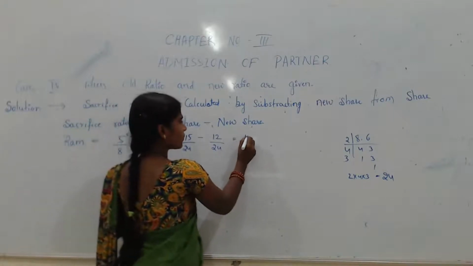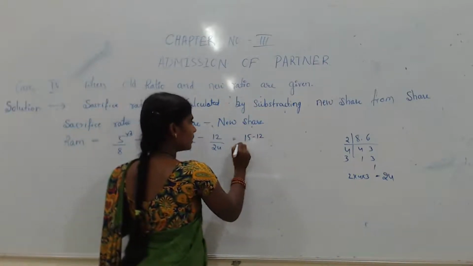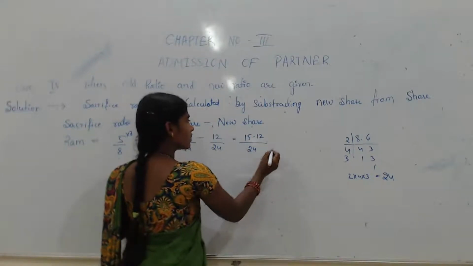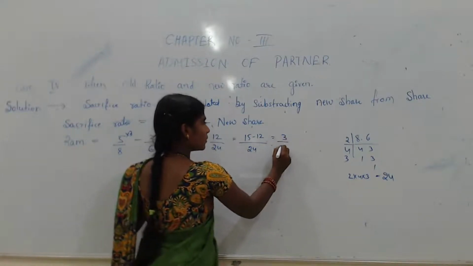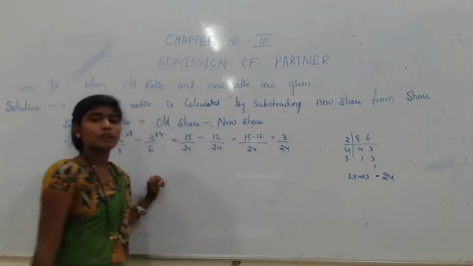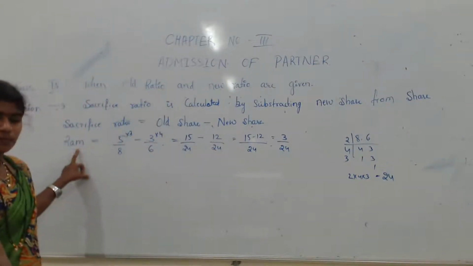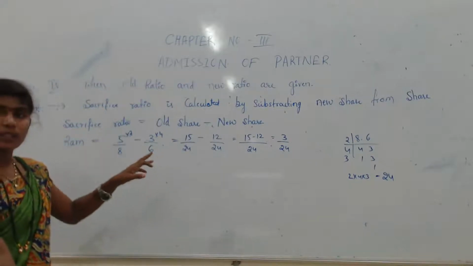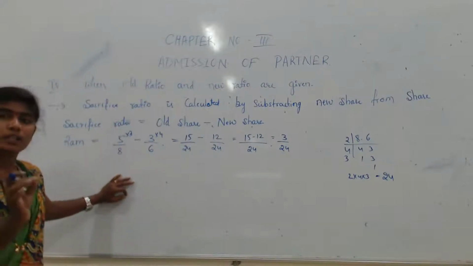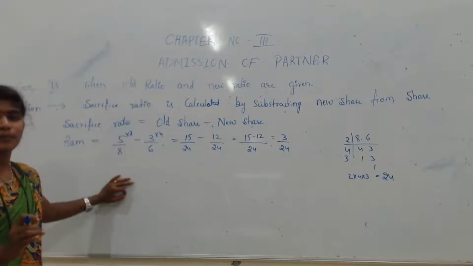Now 15 minus 12 by 24. So now 3/24 is the sacrifice share of Ram. Okay, 3/24 is the sacrifice share of Ram.